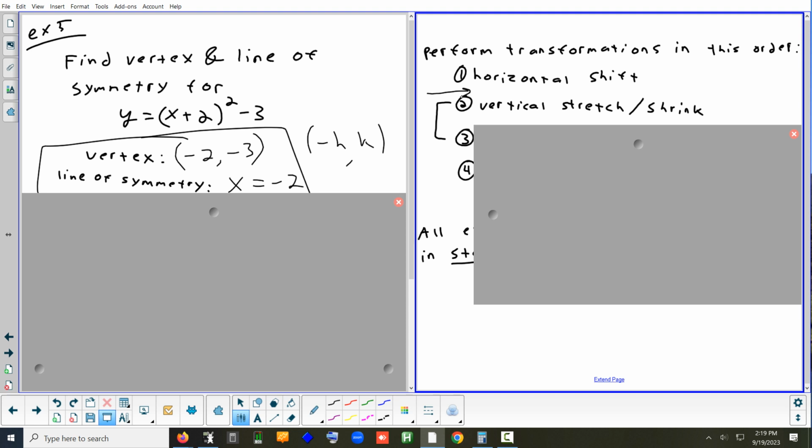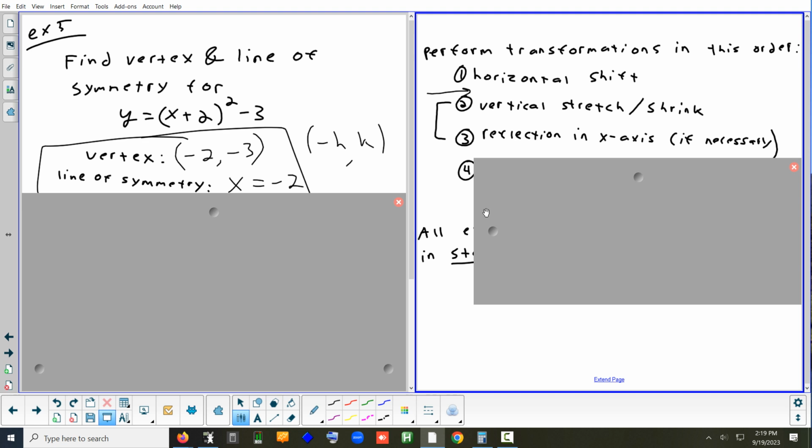So the second transformation is any vertical stretching or shrinking. The third thing would be any reflecting, specifically in the x-axis. Again, these are all if necessary. Maybe you have it in the problem, maybe you don't. I put a bracket between 2 and 3 because technically you can switch the order of 2 and 3 and still get the same answer.